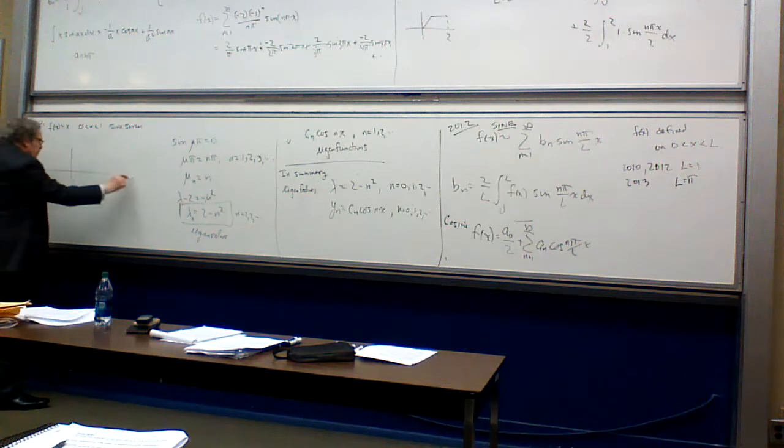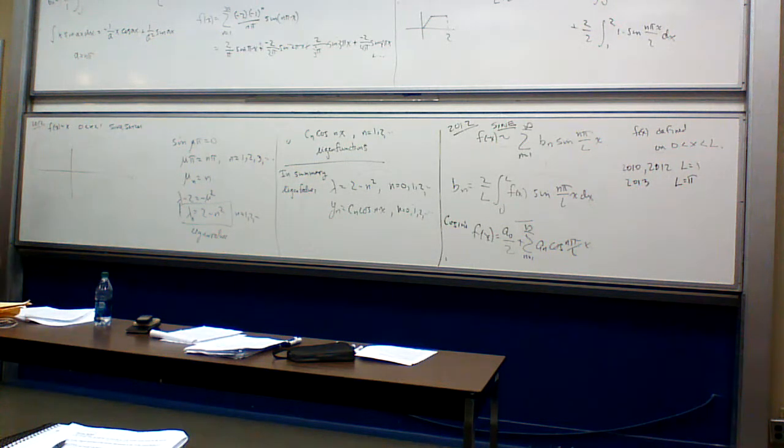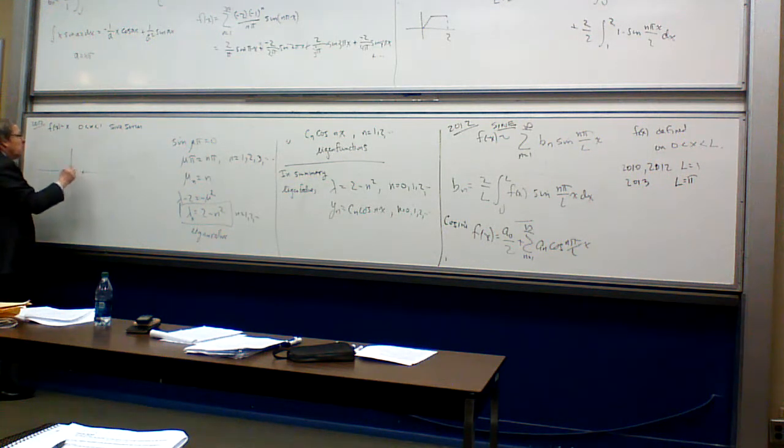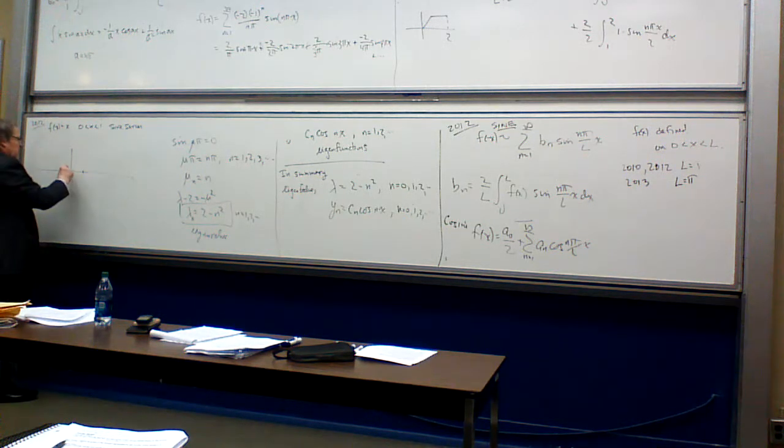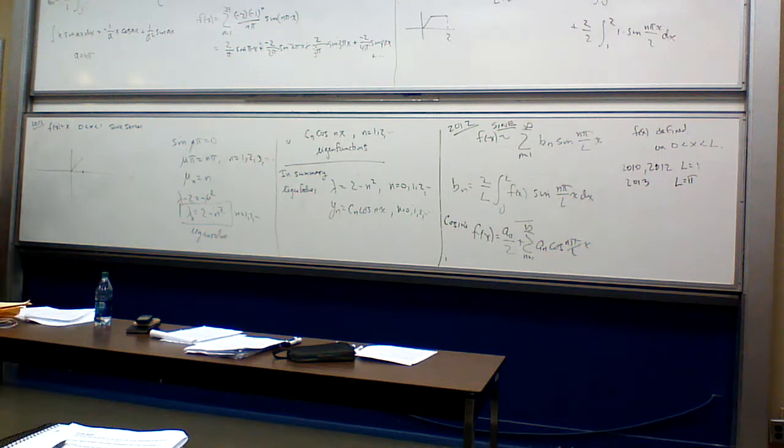Now, when we ask to what does the Fourier series converge, the function's defined on this interval from 0 to L. On the interval from 0 to L, we get the function back. I'll talk in a moment about one of those examples, not the one I drew, but the other one. We start out with this.